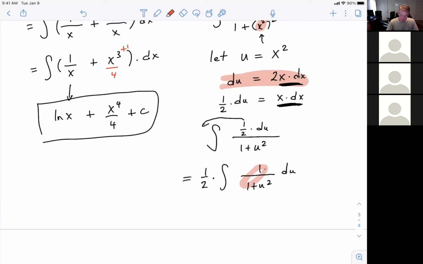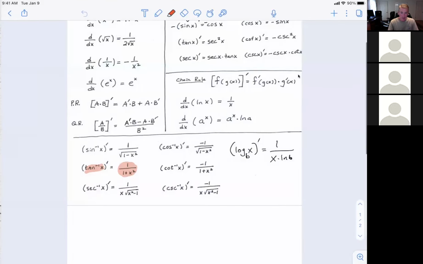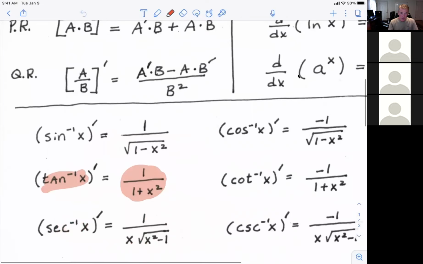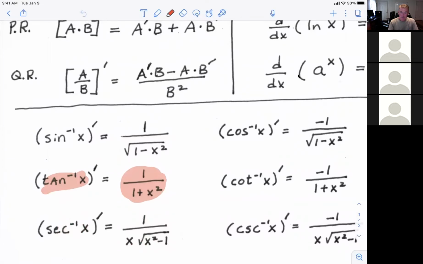And then if you look at this part, 1 over 1 plus u squared, whoops, that the derivative of tangent inverse is 1 over 1 plus x squared.